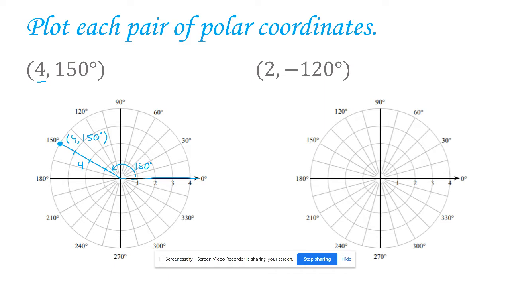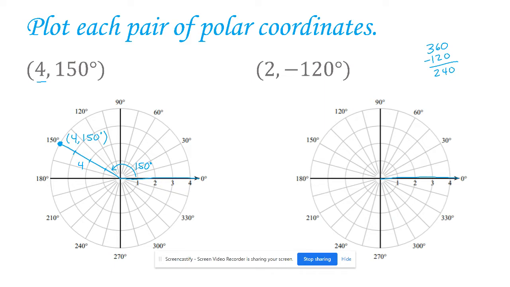Let's do one with a negative angle measurement. So here we have negative 120 degrees. I'm still going to start on the positive side of the x-axis. Quick review on negative angles. A good quick way to find the location of a negative angle is to subtract that number from 360, 360 being 1 full rotation. If you subtract those, you get 240.